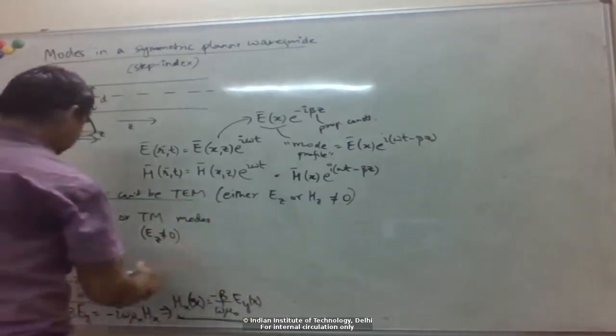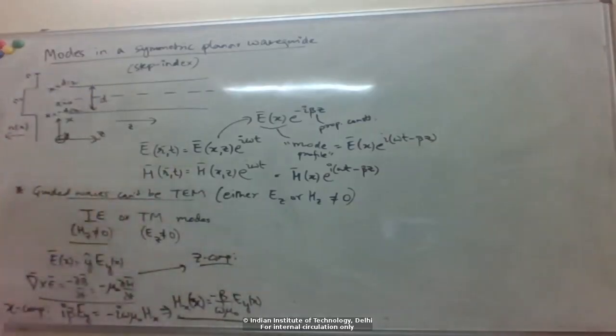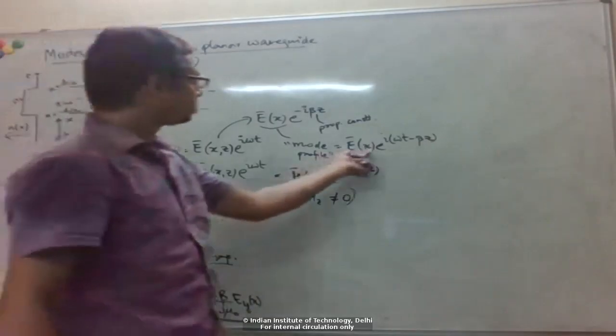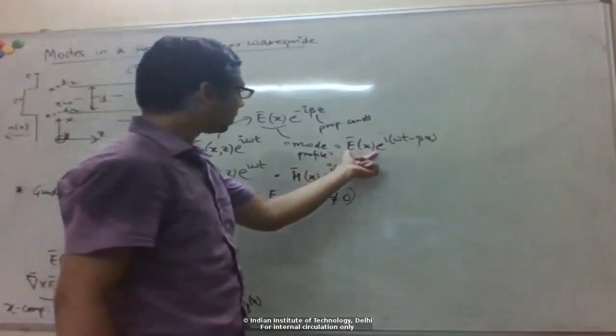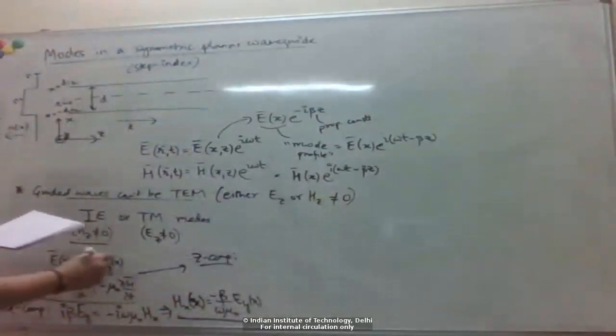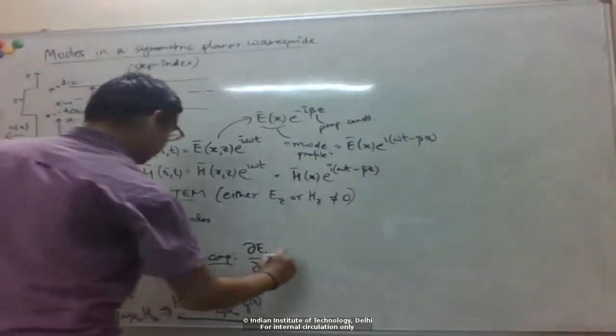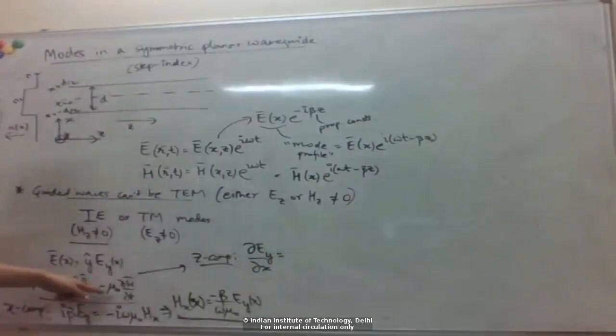If you take the z component, that will depend on del Ey by del x, right? And del Ey by del x will be the derivative of this part, because that is the x dependence here. And on the right hand side, we just get i omega because of the time derivative, and the z component means the z component of the magnetic field.